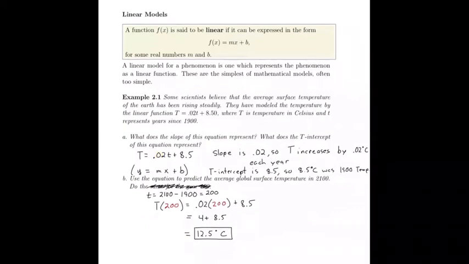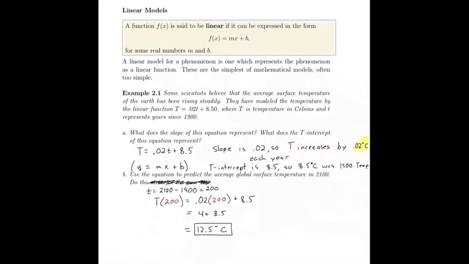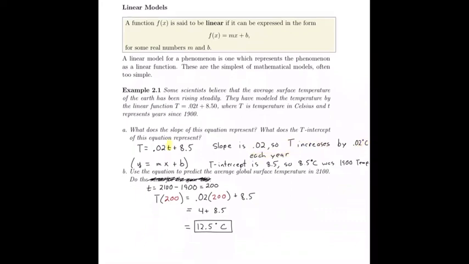And right, our slope of 0.02 means that capital T, the temperature, increases by 0.02 degrees Celsius each year, right? So if little t was equal to 1, we'd multiply 0.02 times 1, and we'd be adding 0.02 to 8.5, and the temperature would increase by 0.02 for 1 year. So that's literally the rate of temperature increase per year, degrees per year.